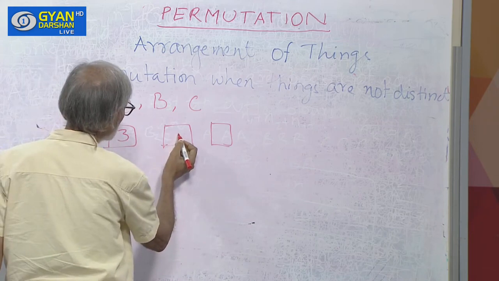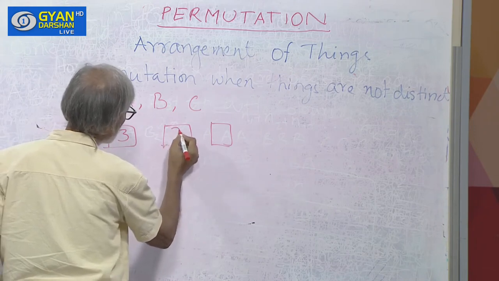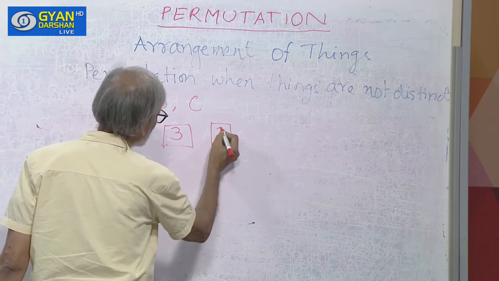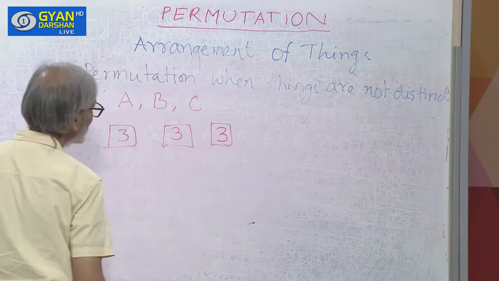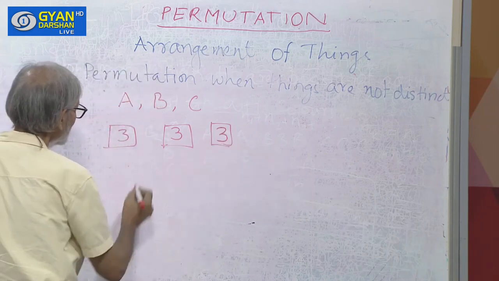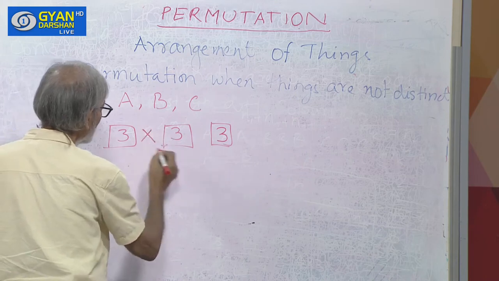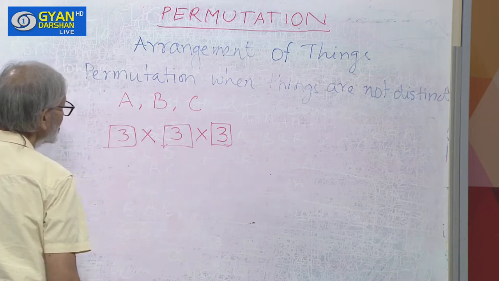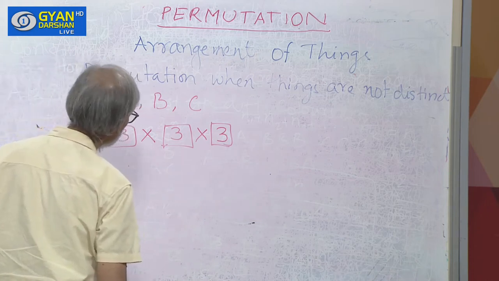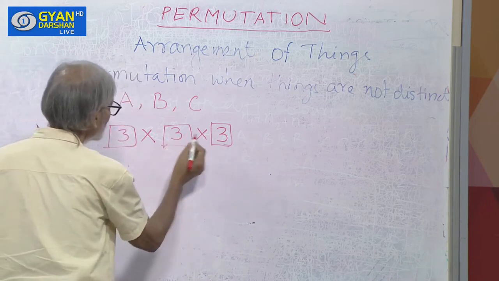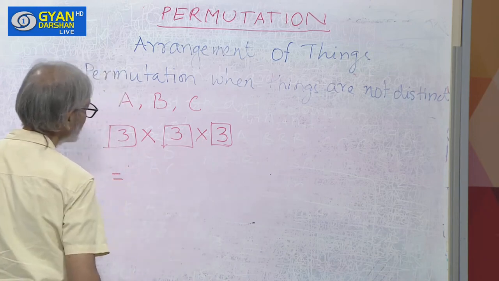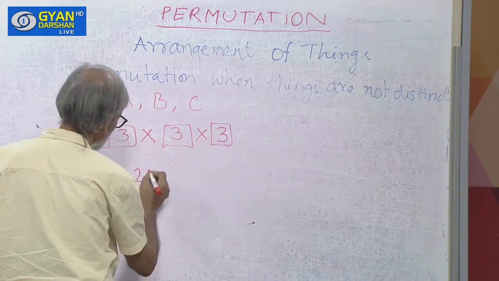Here also repetition is allowed, so this can also be filled up in 3 ways, and this place can also be filled up in 3 ways. So, according to the fundamental principle of multiplication, the number of permutations will be equal to 3 into 3 into 3, which is equal to 27.